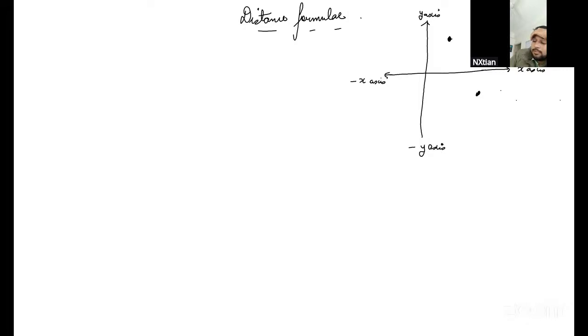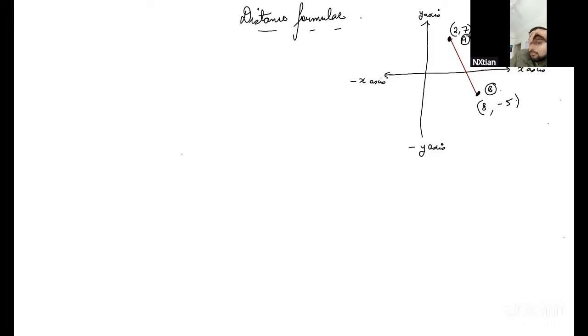The coordinates of this are 2 comma 7, and the coordinates of this are 8 comma minus 5. For example, I'm taking. Now if they ask you to find the distance between these 2 points, I'll name this A and this B.